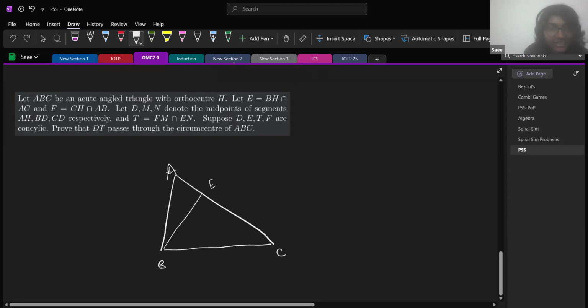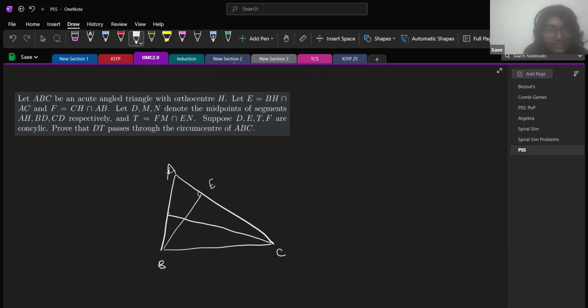This is E. Damn, I'm quite proud of how this diagram is going so far. D is this. We have DM, DN.